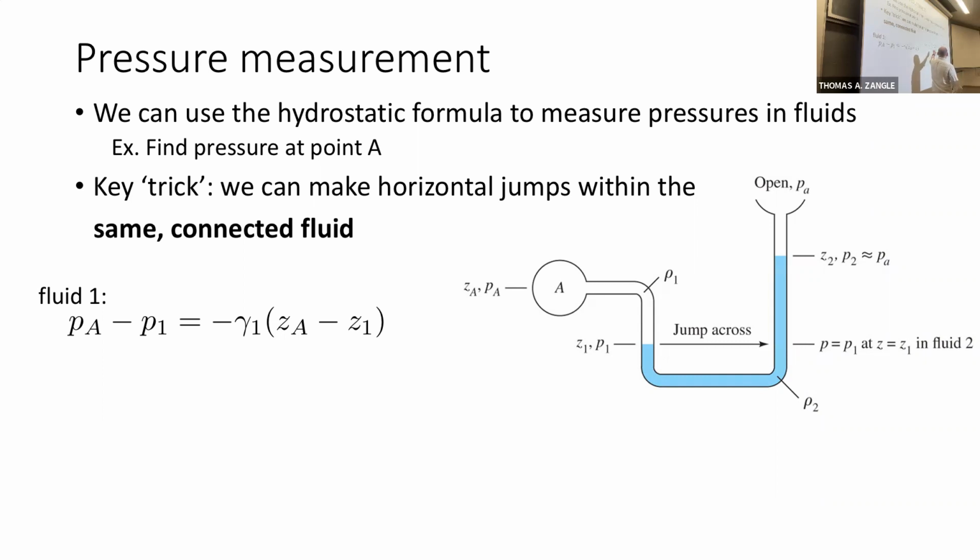Maybe it's some toxic or caustic gas that I want to keep isolated from the air that I'm breathing. So I can use this kind of trick: minus gamma 1 times (zA minus z1). So I have PA plus gamma 1 times (zA minus z1) is equal to P1.